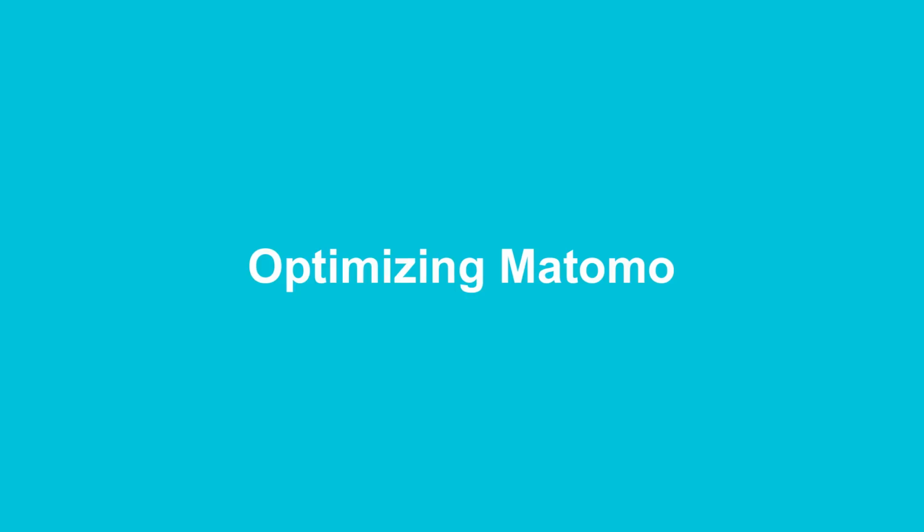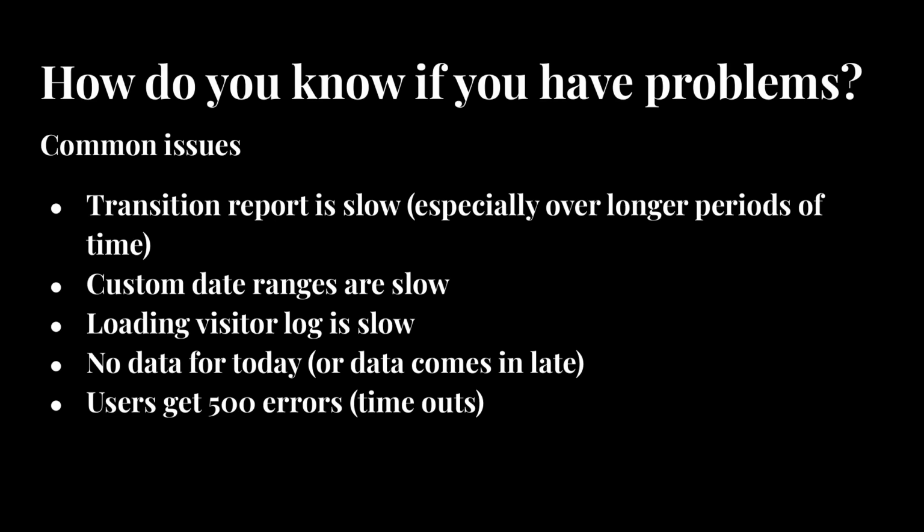All right, so let's look into optimizing Matomo from more of a server perspective. Some common issues in Matomo are that the transitions report is slow if you use that one. Custom date ranges are slow because if you use a custom date range, you're actually querying the raw data.